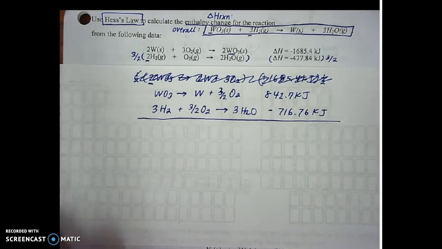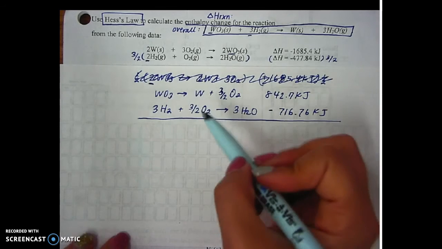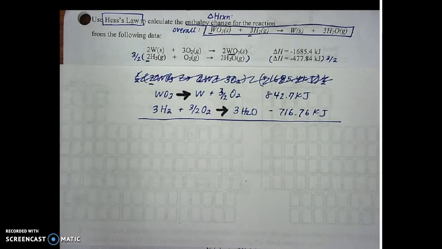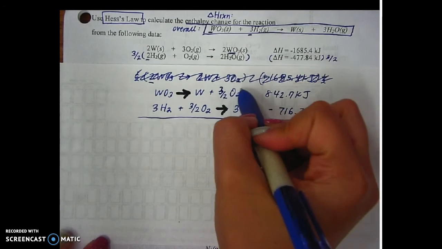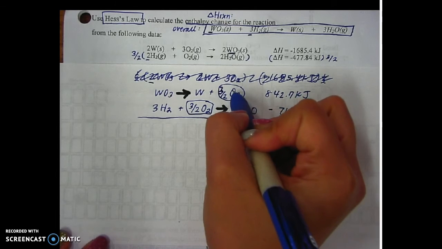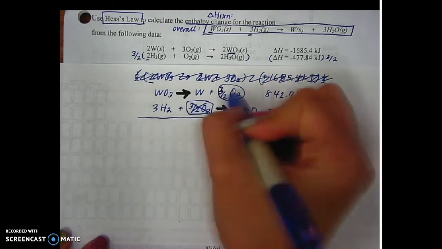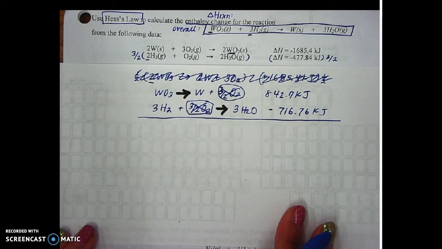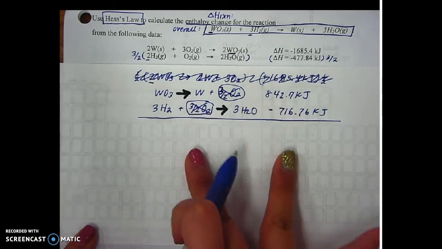And things, remember, will cancel out if you have them on both the left and the right side of the equation. So I have a 3 half O2 here, and I also have a 3 half O2 here, and that's on the product side. This is on the reactant side, so these guys just cancel out. Okay. And then if you check out what else we have, it looks like that is all that cancels, so we're ready to just add up.